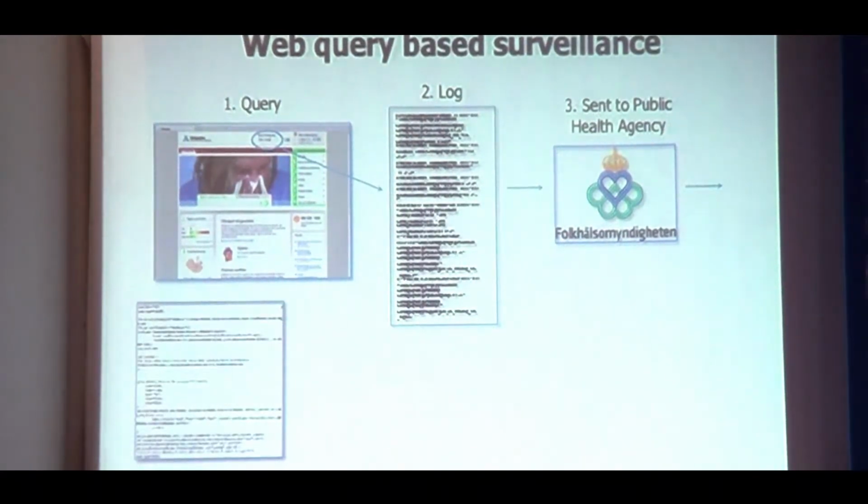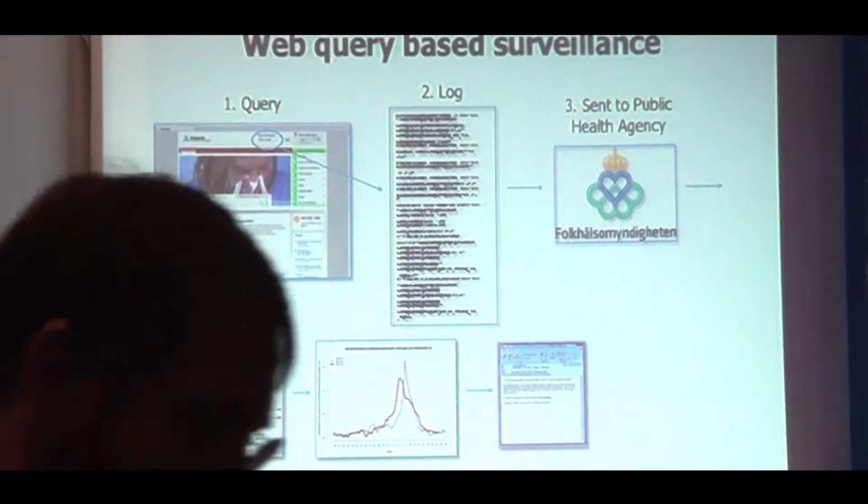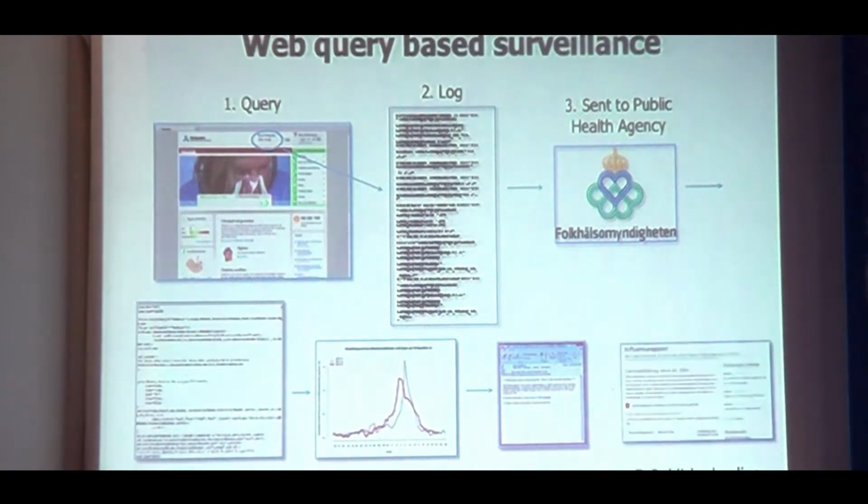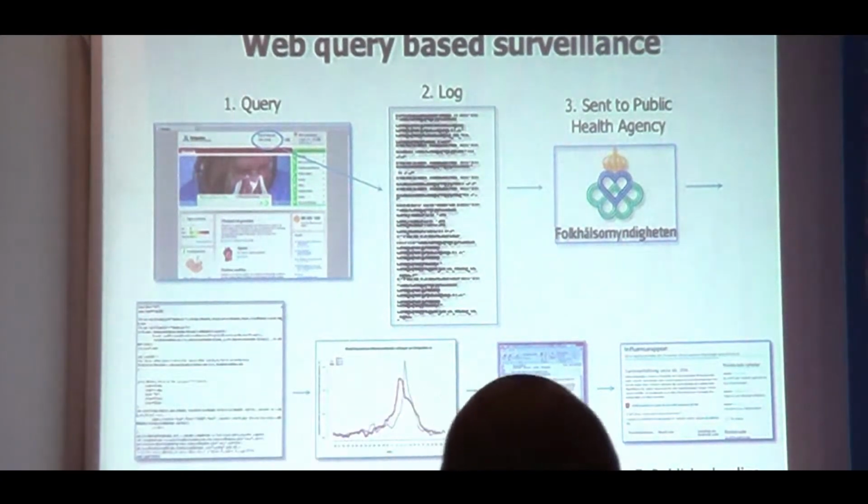Then automated and disease-specific analyses are run, and the result, which is often in the form of a graph, will be automatically emailed to the epidemiologist in charge of the disease in question. Now, in some cases, we will also publish this information online, for example, in a weekly newsletter, and this is the only stage that is manual, where a human actually comes in, because we don't want to disseminate information that is fully automatic to a wide audience.